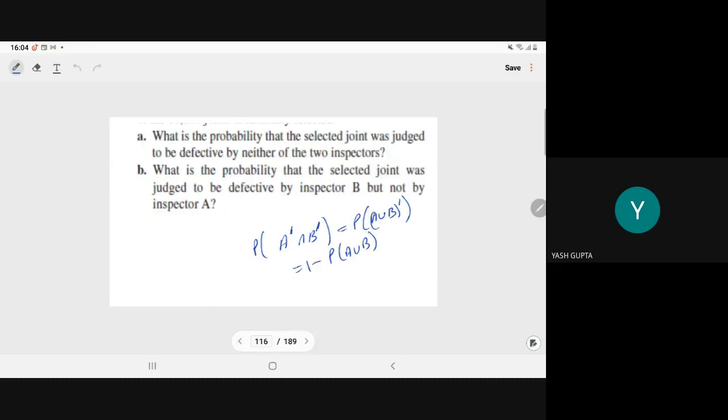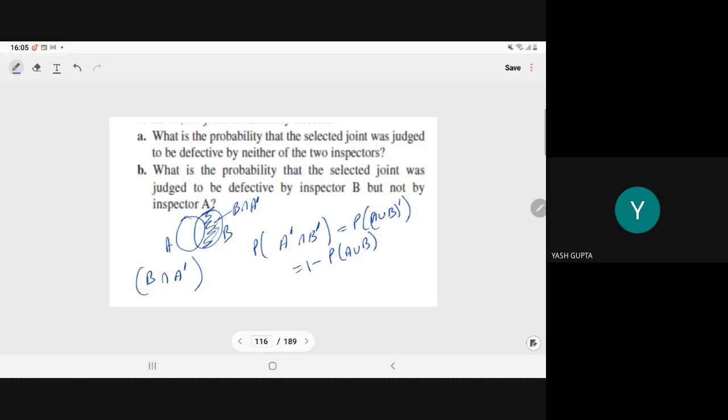Then, what is the probability that the selected joint was judged to be defective by inspector B but not by inspector A? Means only by B, not by A. So you have to compute B intersection A dash. From the Venn diagram, if we have A and B, this portion represents B intersection A dash.